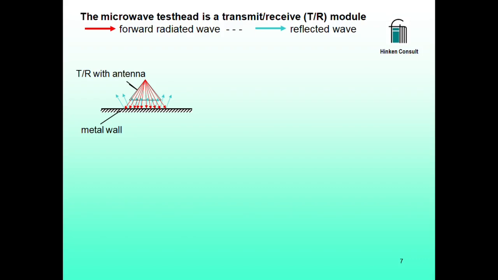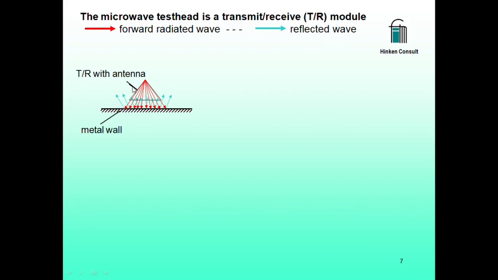Well, we have to look a little bit more. As we have seen here, the transmit receiver module with the antenna, with a forward radiated wave and reflected wave.